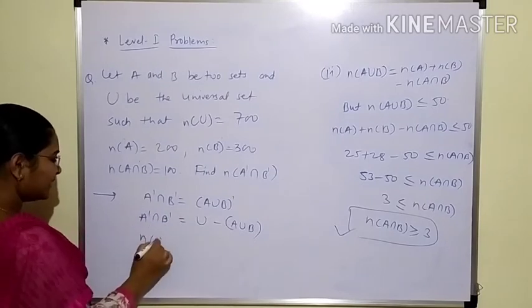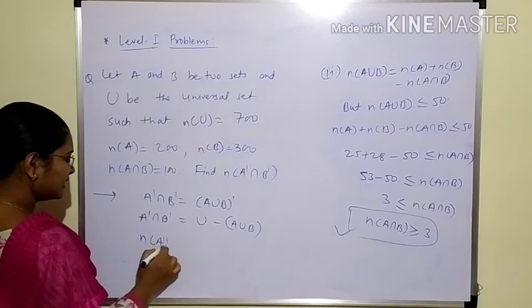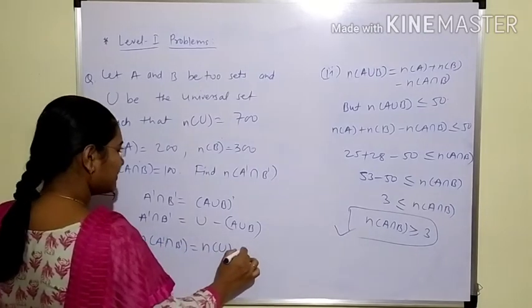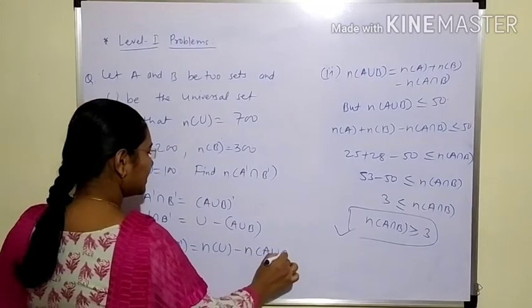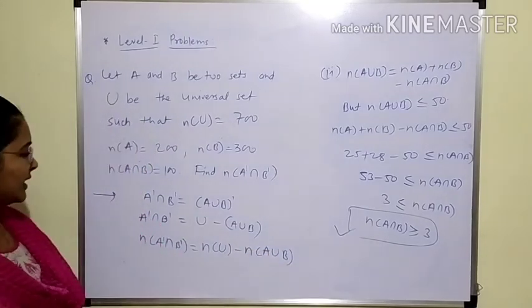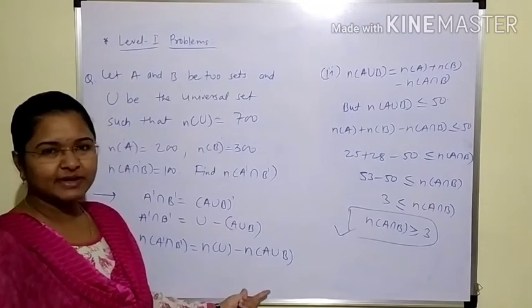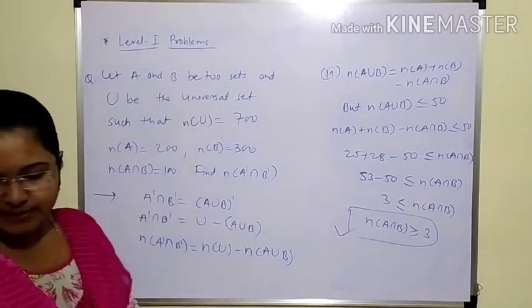So the number of elements in A complement intersection with B complement is the number of elements in U minus the number of elements in A union B. Here you can put in the formula and find the value, otherwise we'll write it separately.